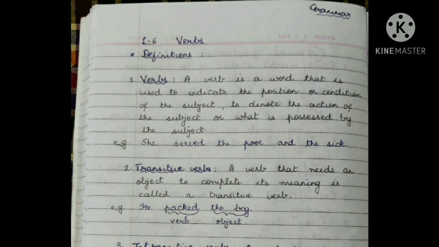So here you could see, if you read a sentence, that the verb forms a very important part of a sentence. Without a verb, a sentence cannot get its meaning. Now today we will see what a verb is.